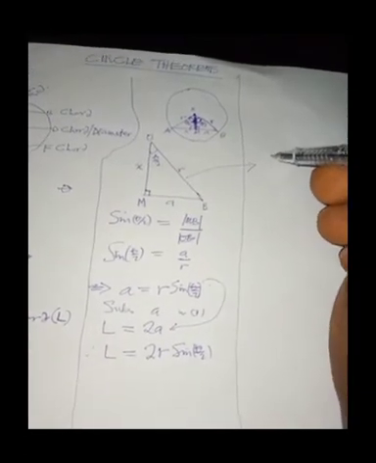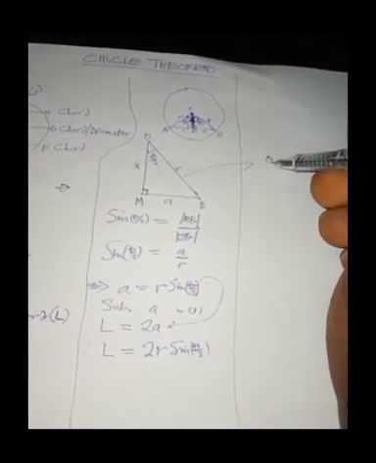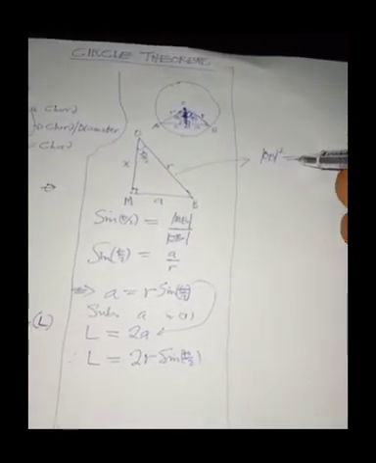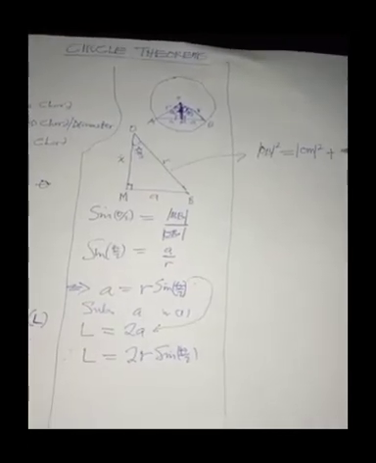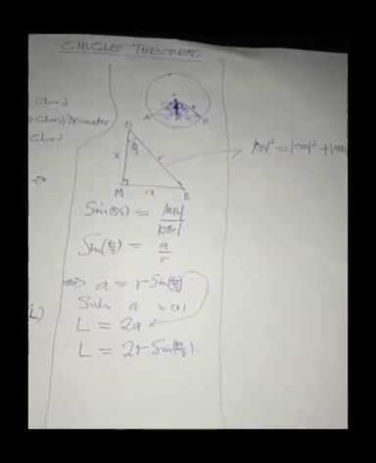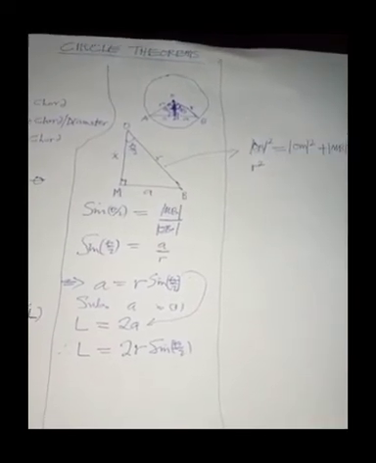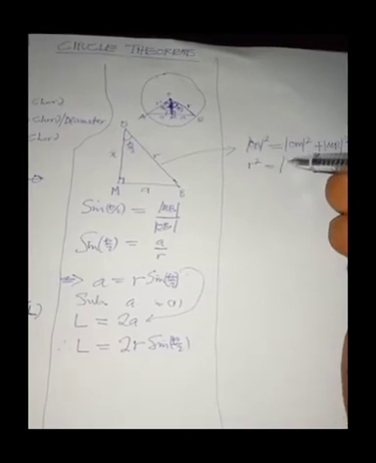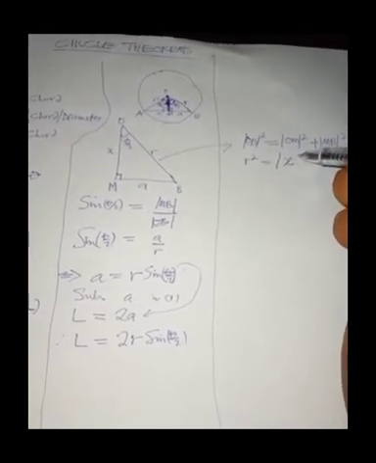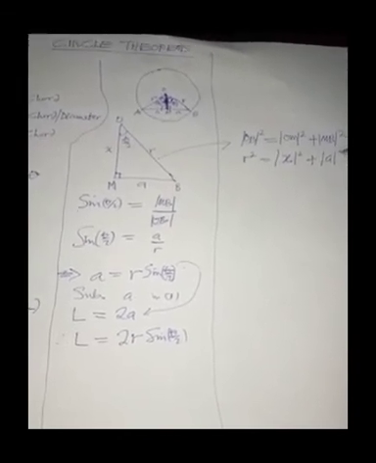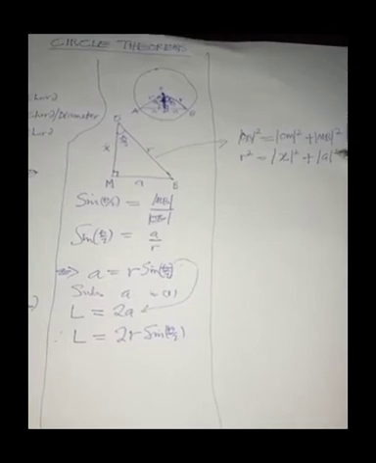We can say OB square is equal to OM square plus MB square, where OB is the radius of the circle, OM is the distance of the chord from the center of the circle, and A is one of the two sides of the base, which is half the length of the chord.